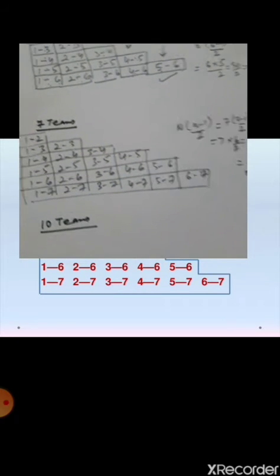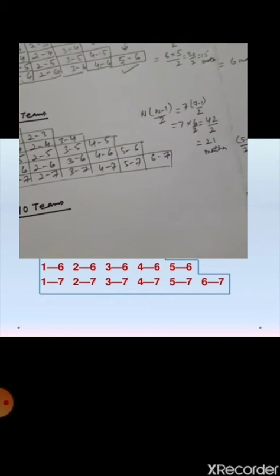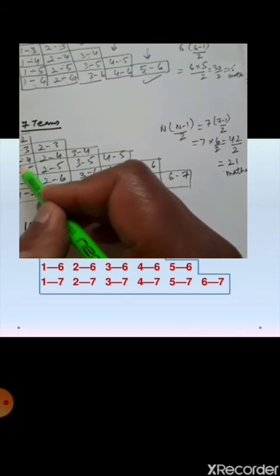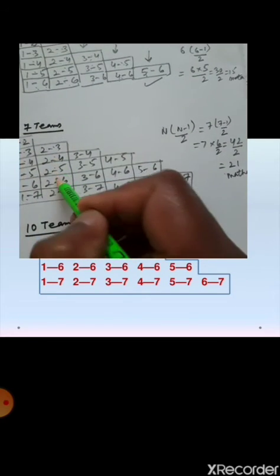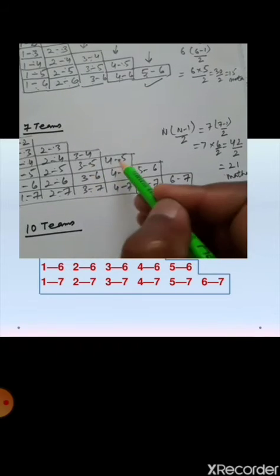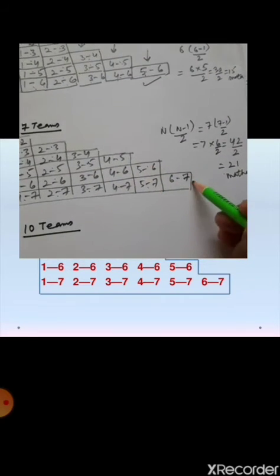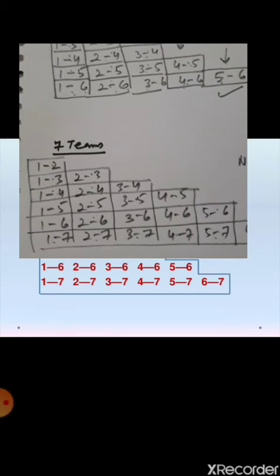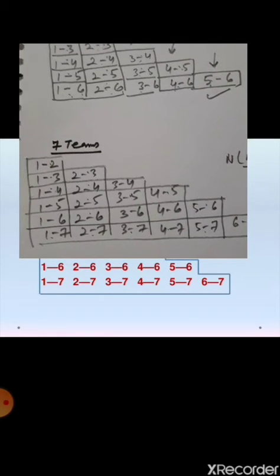All right, let's calculate the number of matches. 21 matches. 1 2 3 4 5 6 7 8 9 10 11 12 13 14 15 16 17 18 19 20 and 21 matches. So this way we can calculate the number of matches in a tournament.